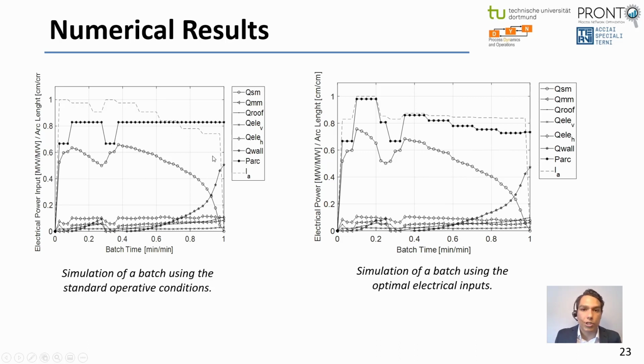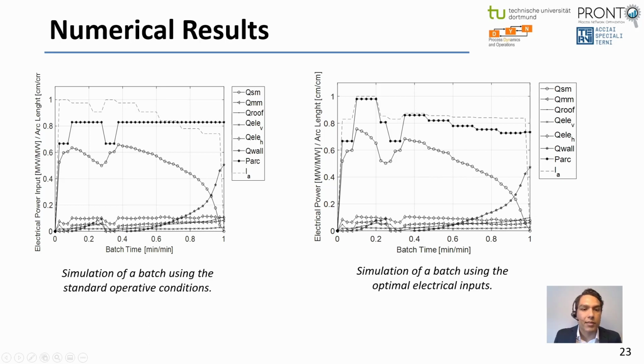This strategy aims at reducing the energy losses that occur through the walls. So the length of the arc is reduced. In the bottom part of this figure, we have the energy that arrives to the solid metal from the arc. We have also the energy that arrives to the walls.